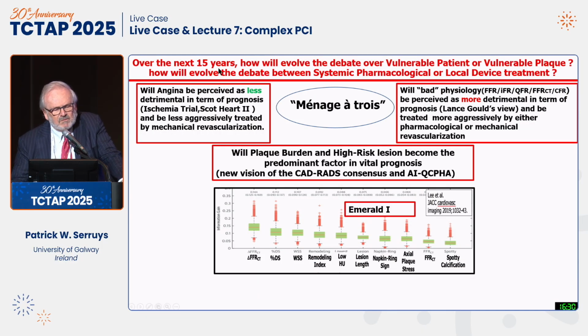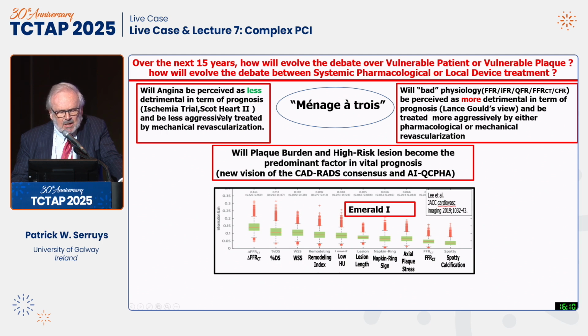Over the next 15 years, how will evolve the debate of a vulnerable patient and vulnerable plaque? How will evolve the debate between systemic pharmacological or local device treatment? That's the ménage à trois. Will angina be perceived as less detrimental in terms of prognosis?